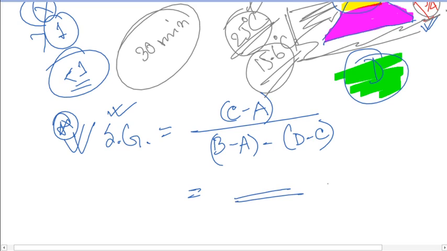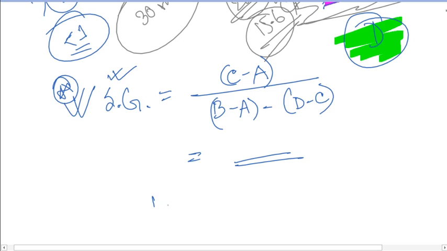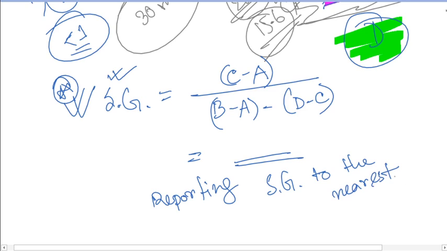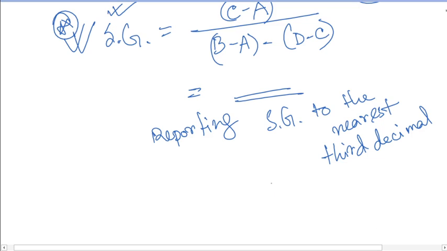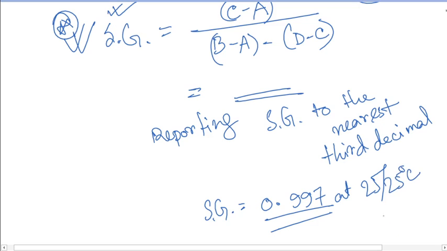Whenever you round it, you report SG to the nearest third decimal, for example specific gravity 0.997, unitless, at 25/25 degrees centigrade, or in brackets 77/77 degrees Fahrenheit, or vice versa if you are using 15.6 degrees centigrade.